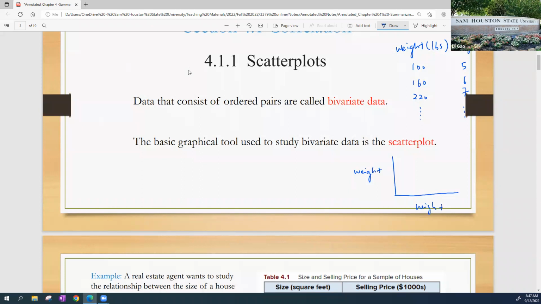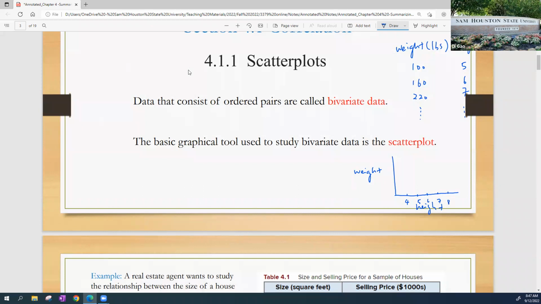And then we can label some scale here, like for height, we start from 4, and then 5, 6, 7, and 8.